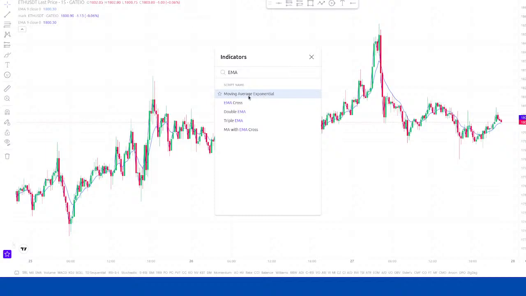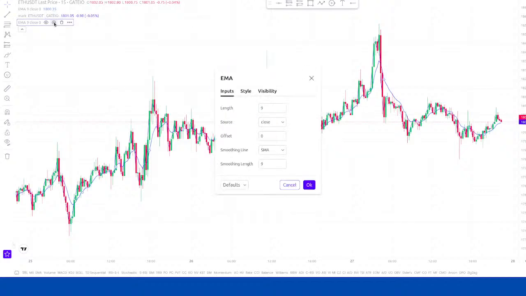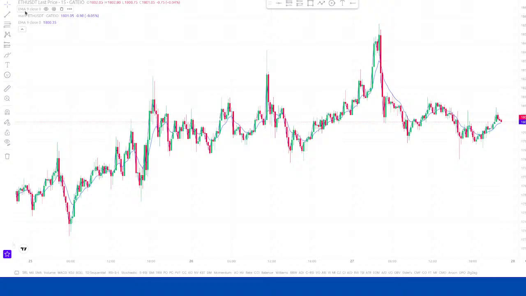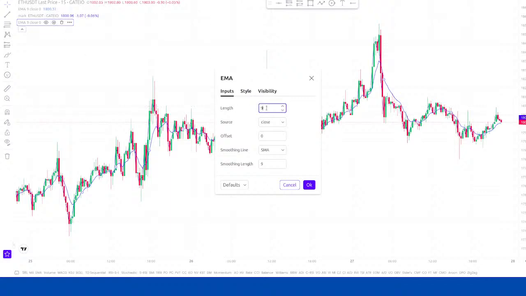As you can see, we have the first one for 9, and the second one is also 9, since it comes as 9 by default. The first 9 stays, and let's change the second 9. The second exponential average, we move from 9 to 21. We set the length to 21, and the smoothing as well, we say 21.